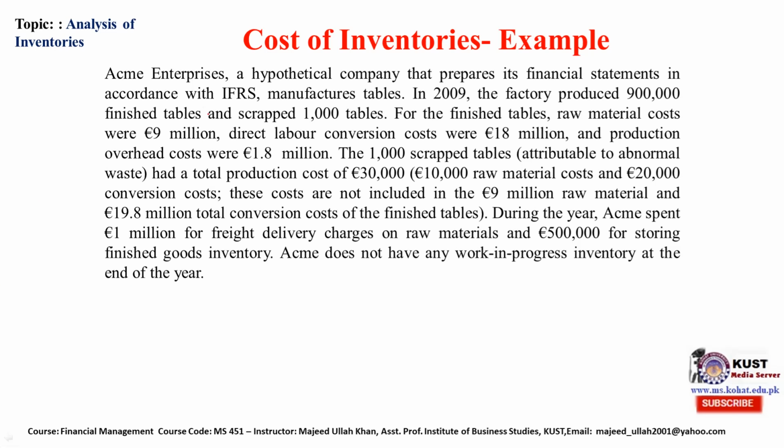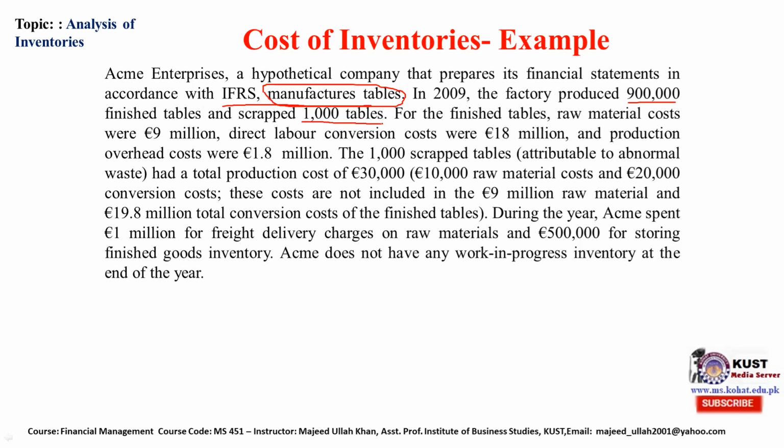There is a hypothetical enterprise, ACME, a hypothetical company that prepares its financial statements in accordance with IFRS, and it manufactures tables. In 2009, the factory produced 900,000 finished tables and scrapped 1,000 tables.